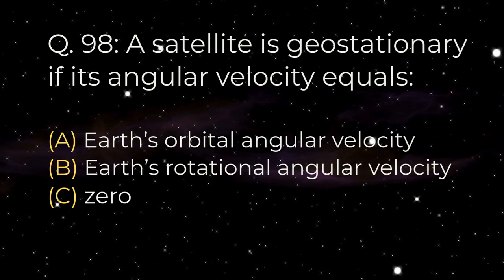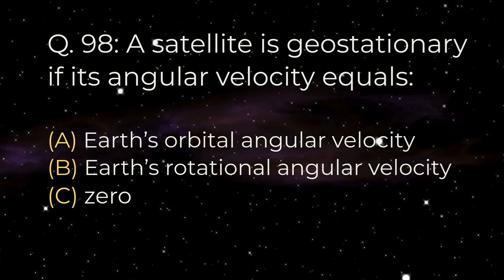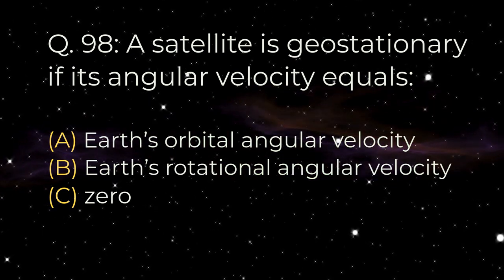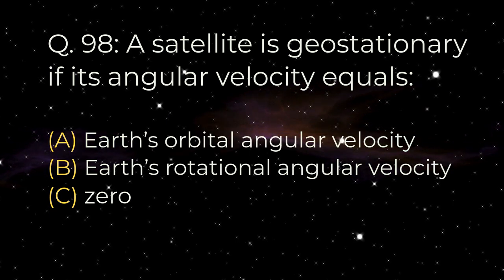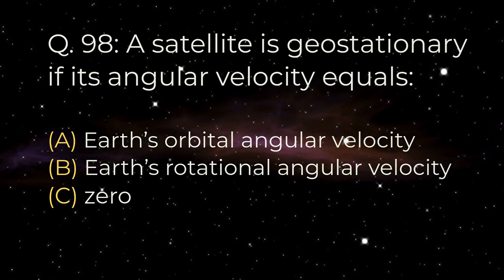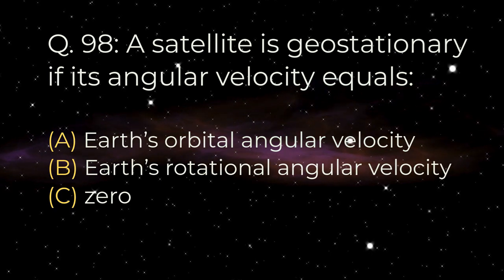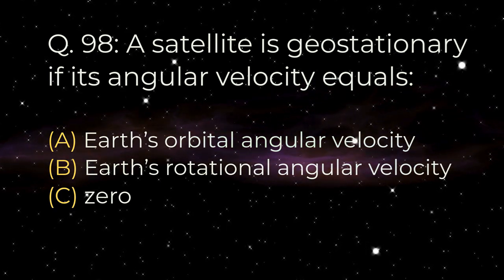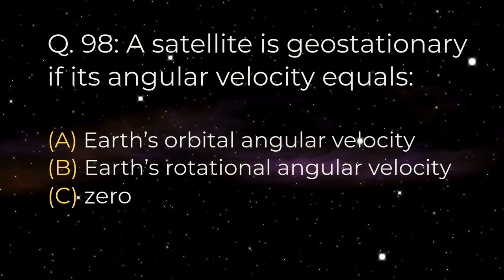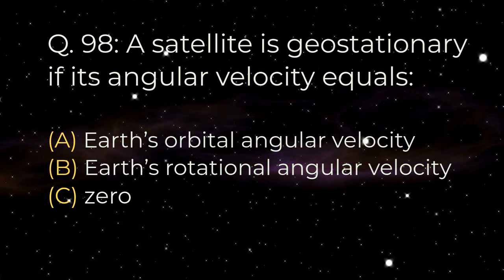Question 98. A satellite is geostationary if its angular velocity equals: option A, Earth's orbital angular velocity; option B, Earth's rotational angular velocity; option C, 0.